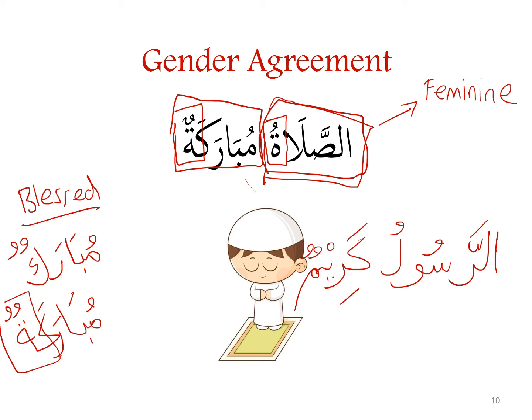So again here we have a definite noun which is masculine. Why? Because we can't see a ta marbuta here. So by default words are masculine. In that case, the adjective which is used to describe ar-rasulu needs to be the masculine form of the adjective.